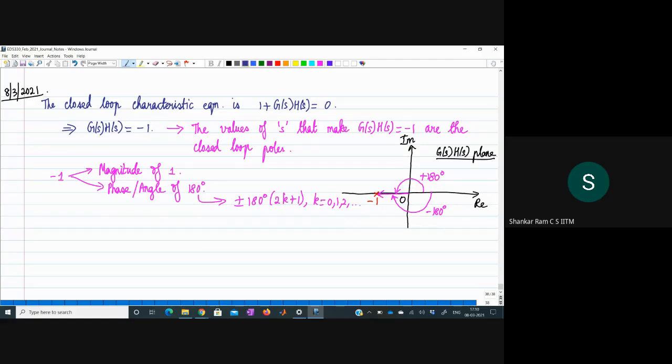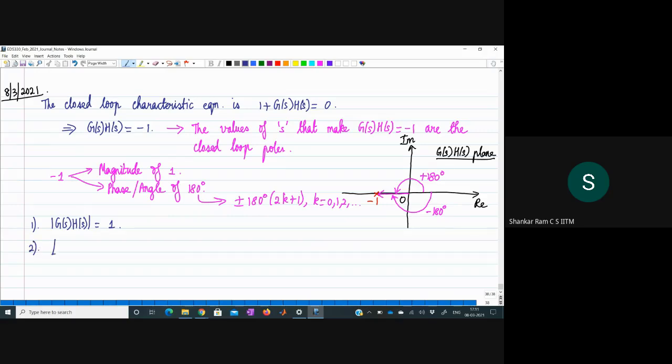So now looking at the equation G(s)H(s) equals -1, which is the closed loop characteristic equation written in a different form, we will see that we can rewrite it as two equations. The first one being the magnitude of G(s)H(s) equal to 1.